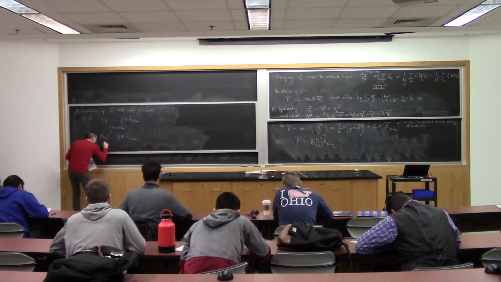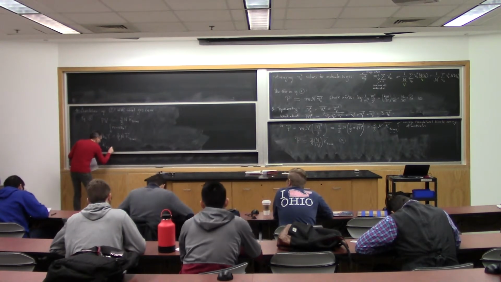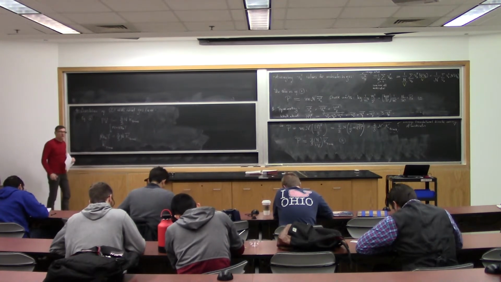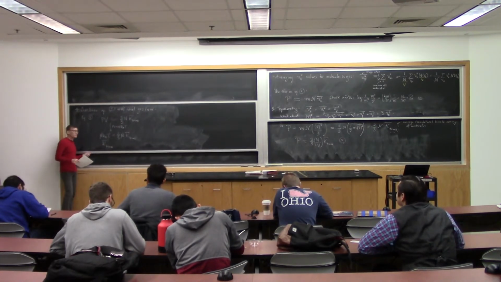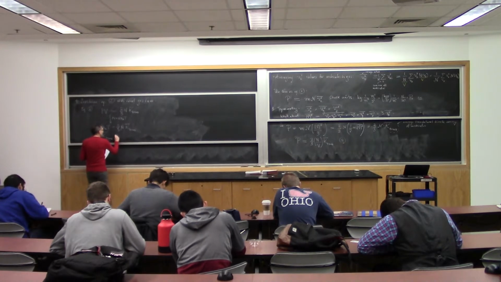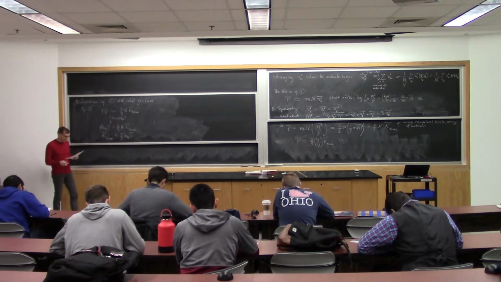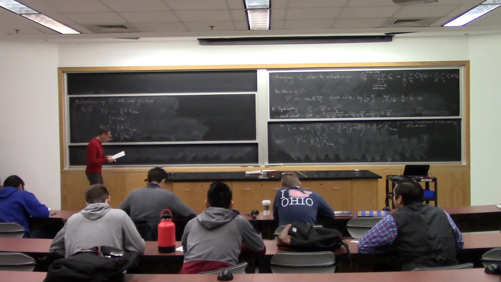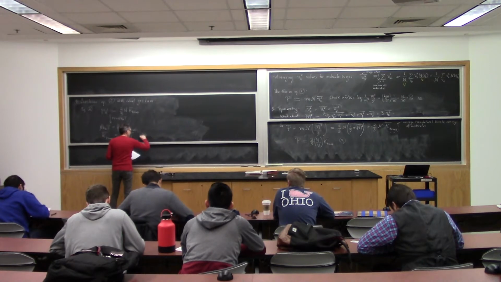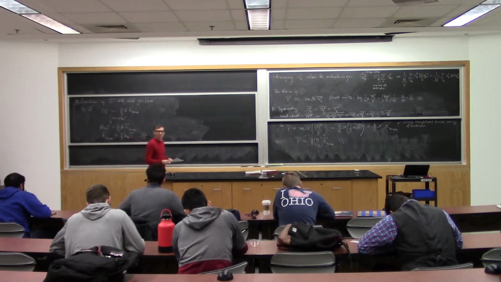And I get a pretty amazing result, that the average translational kinetic energy of the molecules in the box has a very simple form: 3/2 times Boltzmann's constant times the temperature. That definitely deserves an equation number.